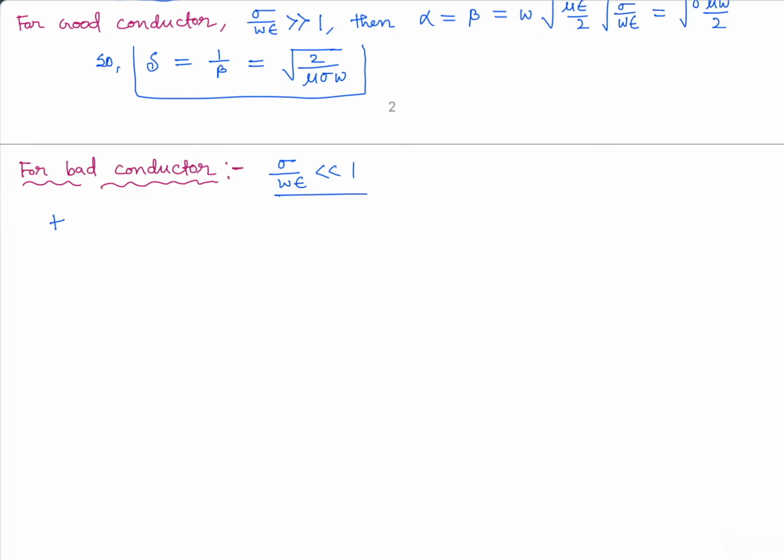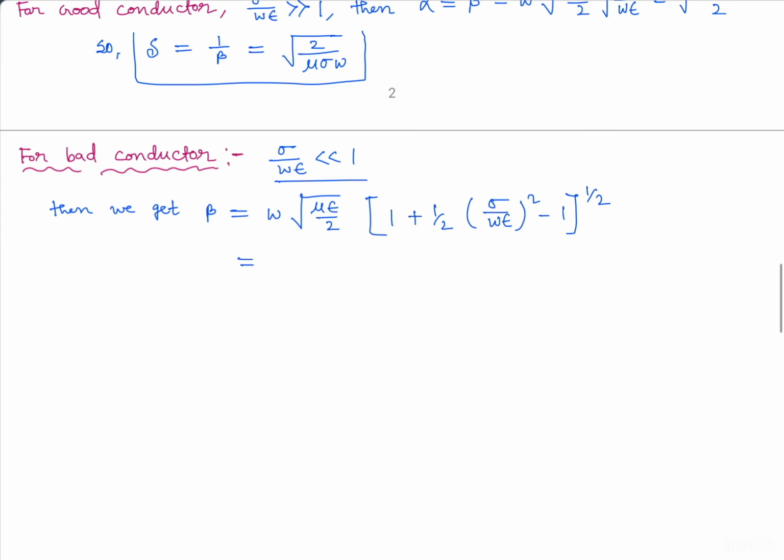Then we get beta equal to omega root over mu epsilon by 2 into (1 plus half into (sigma by omega epsilon) square minus 1) to the power half, which equals omega into root over mu epsilon by 2 into 1 by root 2 sigma by omega epsilon, which is equal to sigma by 2 root over of mu by epsilon.